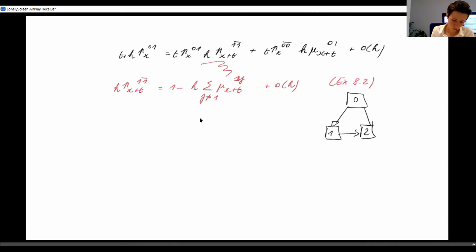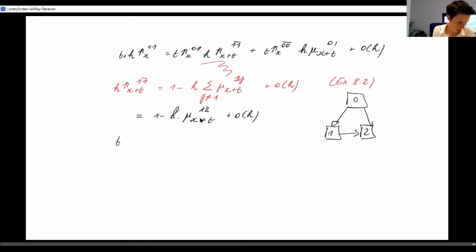So this expression reduces to 1 minus h times mu x plus t 1 2, plus little o of h. And that's what I'm going to plug into the expression that I started with.